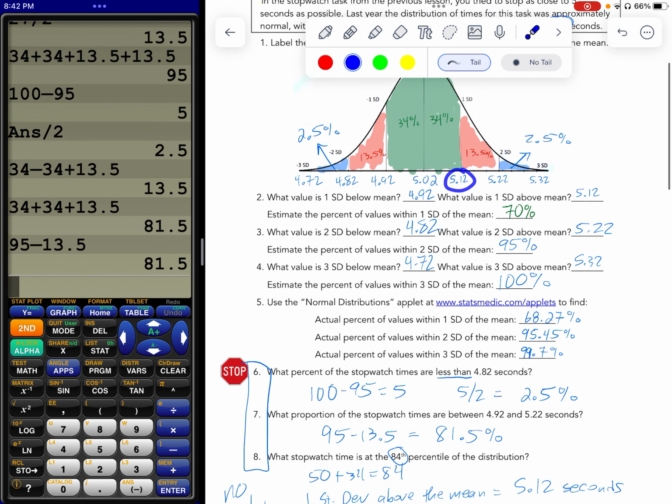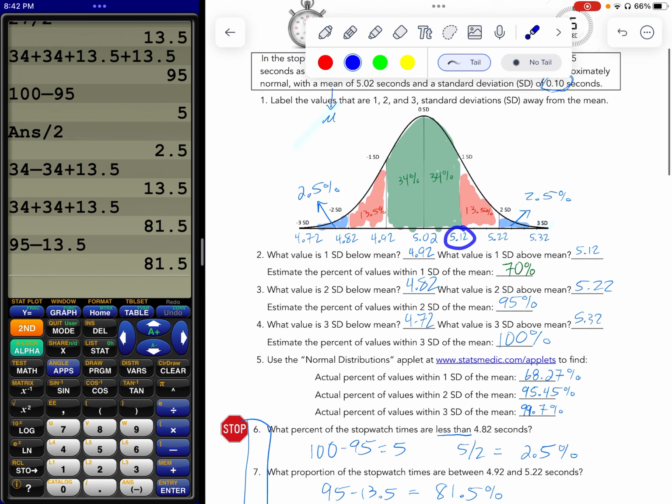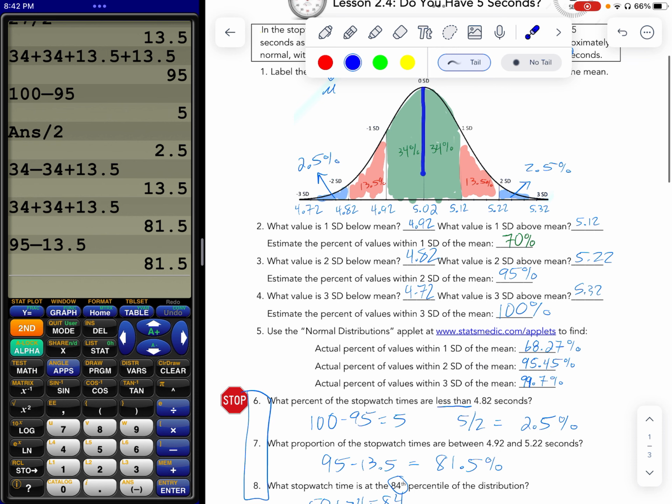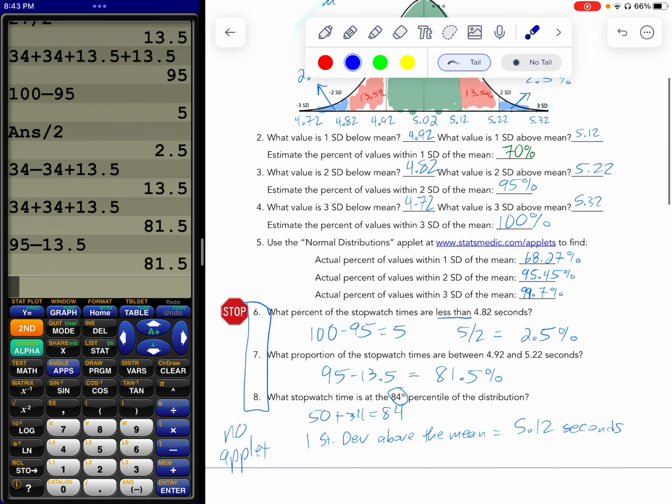And again, where did this 50 come from? Half the data is down here. That's 50%. And then this brings me to 84. So this mark right here, 5.12, is one standard deviation above the mean. It is also the 84th percentile. So there you go. There you have it.